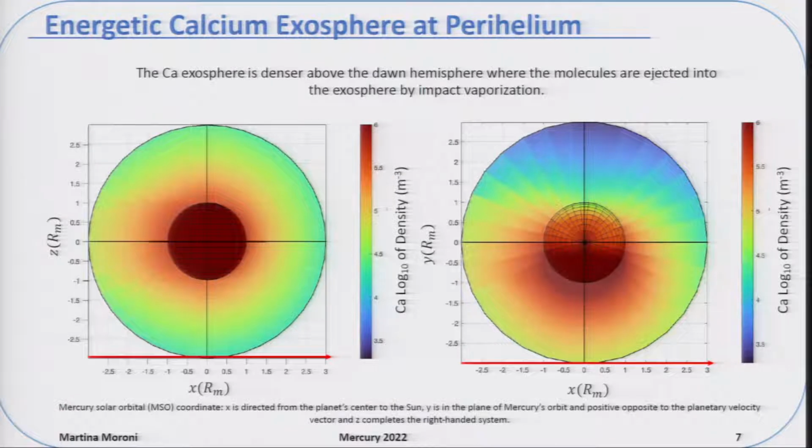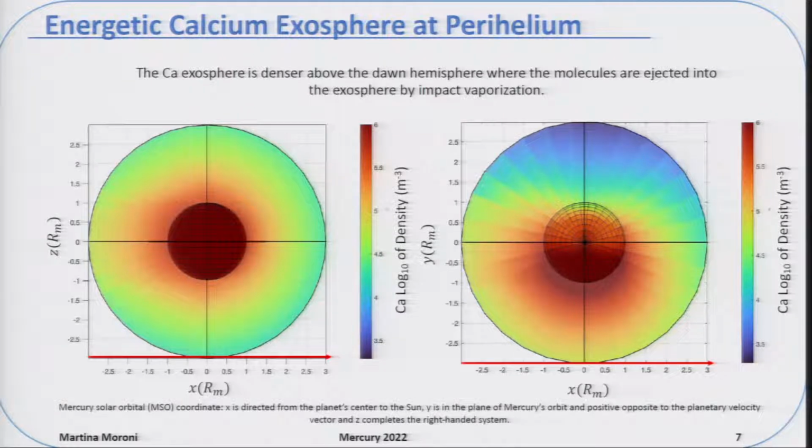Okay, so now we show the results of the simulation. This represents the energetic calcium exosphere only at perihelion. The coordinate system is represented by the x-axis, in red, that points to the sun, so we have the sun to the right of the figure; the y-axis, which represents the orbital plane of Mercury; and the z-axis, positive toward the north.